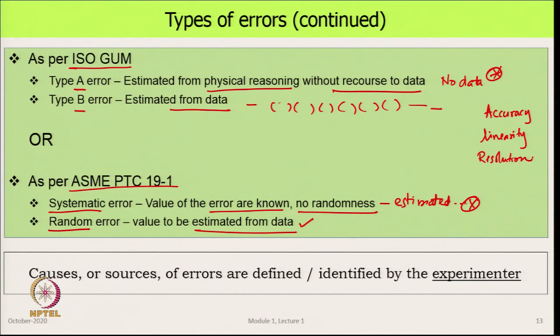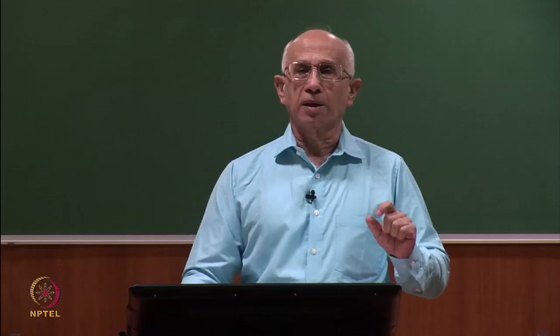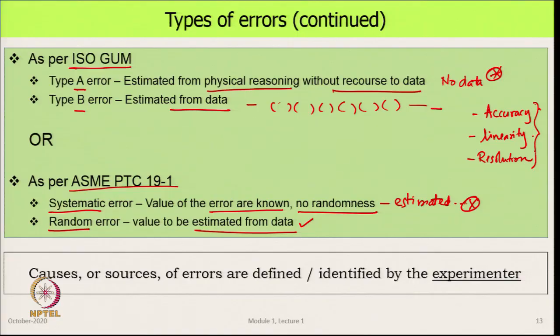The definitions of all these are given in the various standards that I mentioned, but these are things you would have come across when you looked at an instrument or did an experiment. These are things for which we cannot do an experiment to estimate the uncertainty. We have to look at some other data, do some physical and logical reasoning, then use statistics to say that this is the standard error because of these reasons.